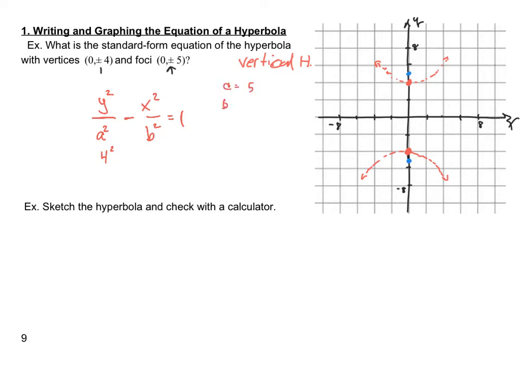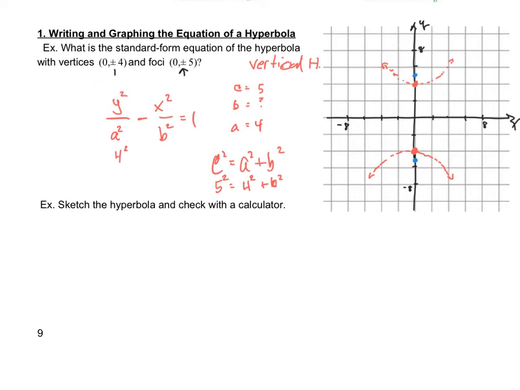We don't know the value of B. If I take my Pythagorean theorem, c squared is equal to a squared plus b squared, I know that 5 squared is equal to 4 squared plus b squared, so 25 minus 16 equals b squared. B is going to end up equaling 3.